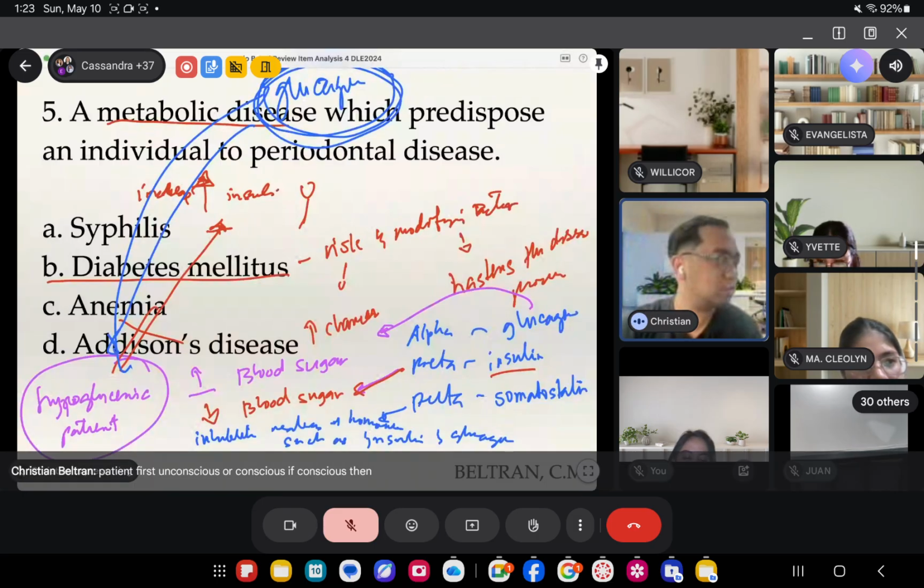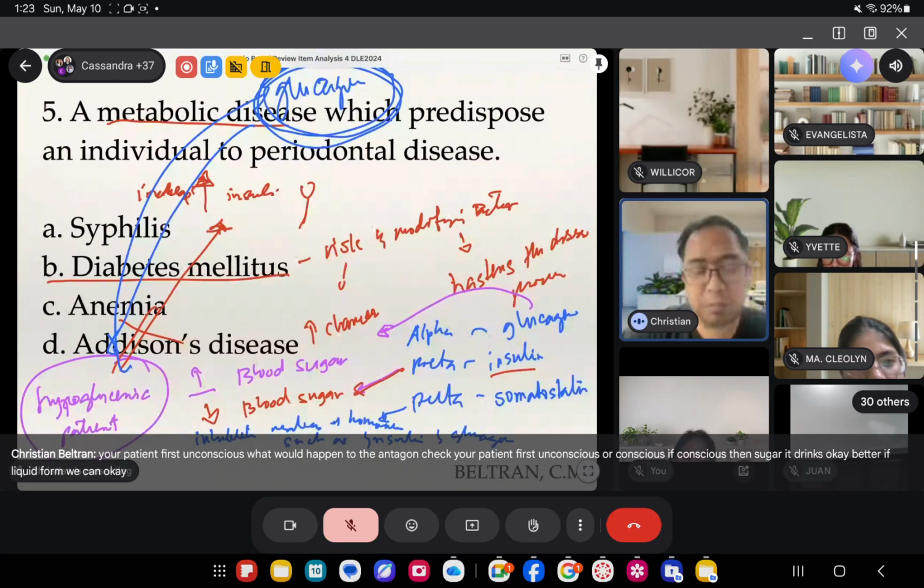If conscious, then sugary drinks. Better if liquid form, not candy, because the patient would still have to suck on it, and the patient is already dying. So soft drinks. Then, if unconscious, glucagon.